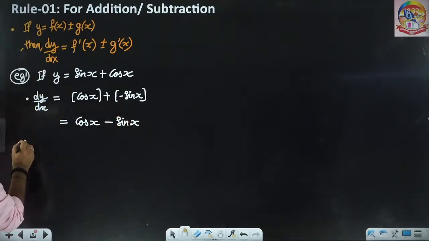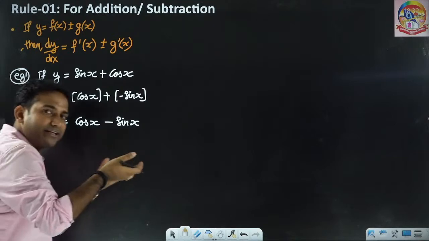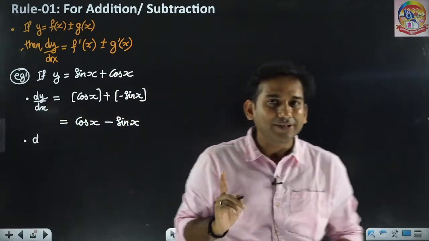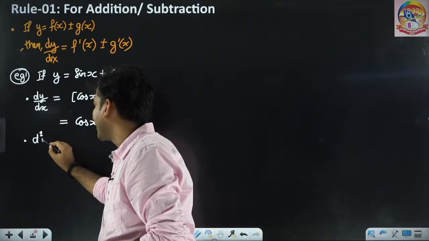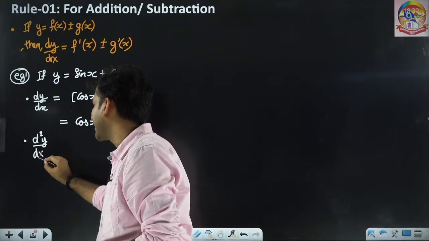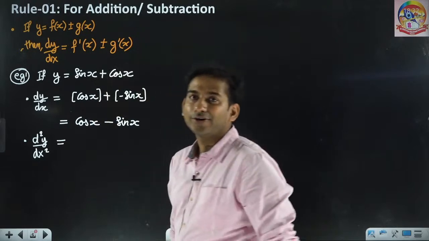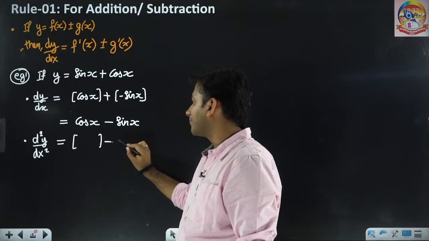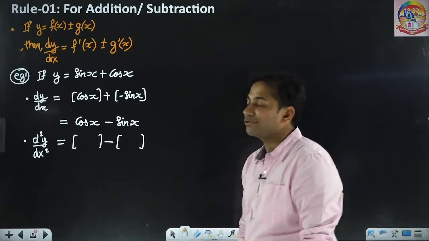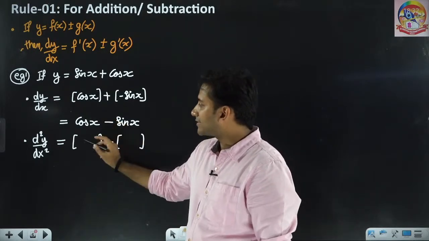Similarly, if we say, sir, differentiate it one more time. First time derivative looks like dy by dx. Second time derivative will look like d2y by dx square. You will say, sir, cos x derivative you should write here, minus will be as it is, sin x derivative you should write here. So what is cos x derivative?